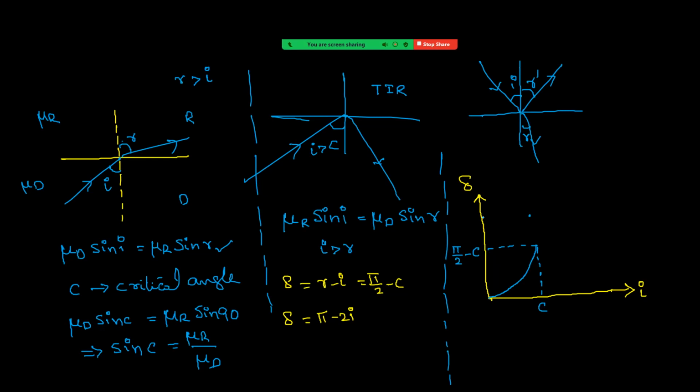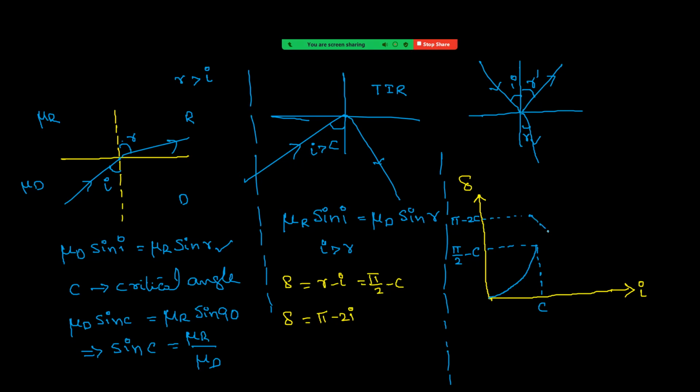The corresponding angle of deviation is pi minus 2c, right? Because pi minus 2i, we are taking angle of incidence slightly greater than c. So it becomes pi minus 2c. And as I value is increased, deviation gradually decreases.